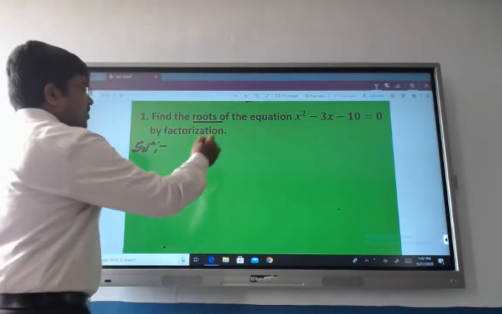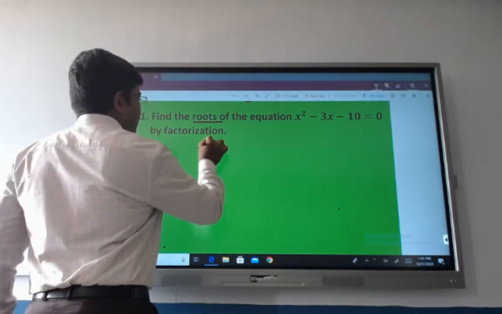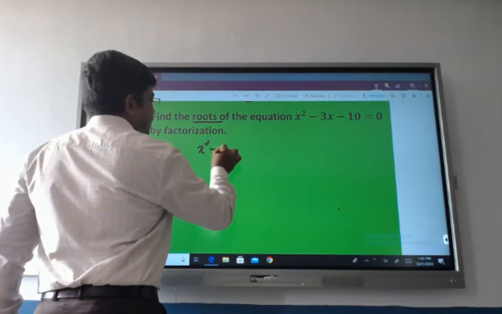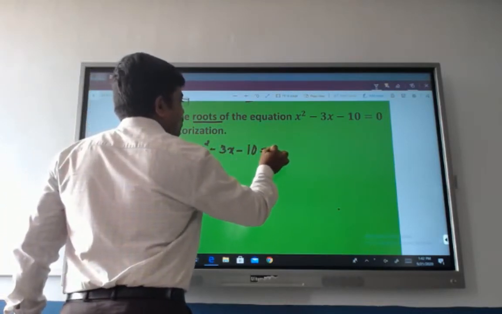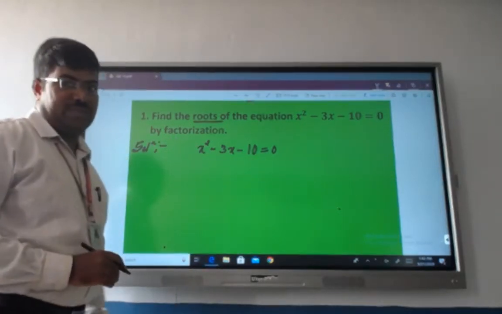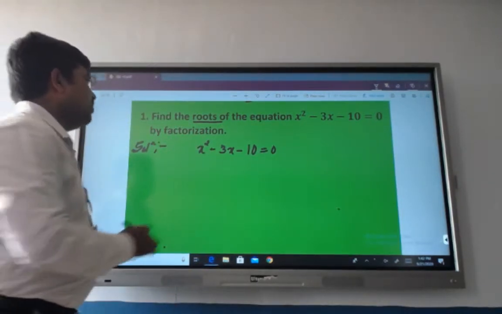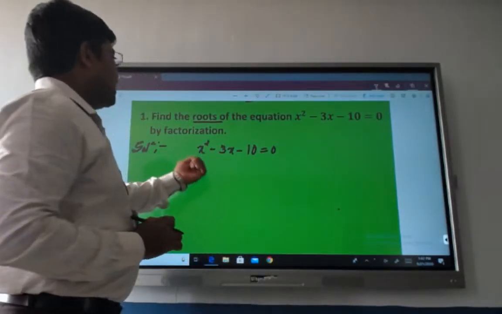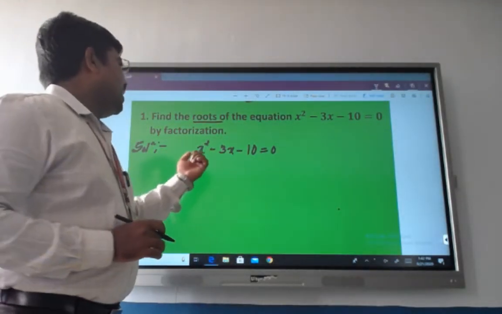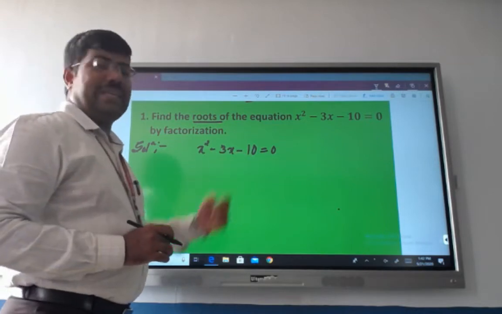First method: we take x square minus 3x minus 10 is equal to 0. This is a quadratic equation. Here x square is the first term and 10 is the last term.